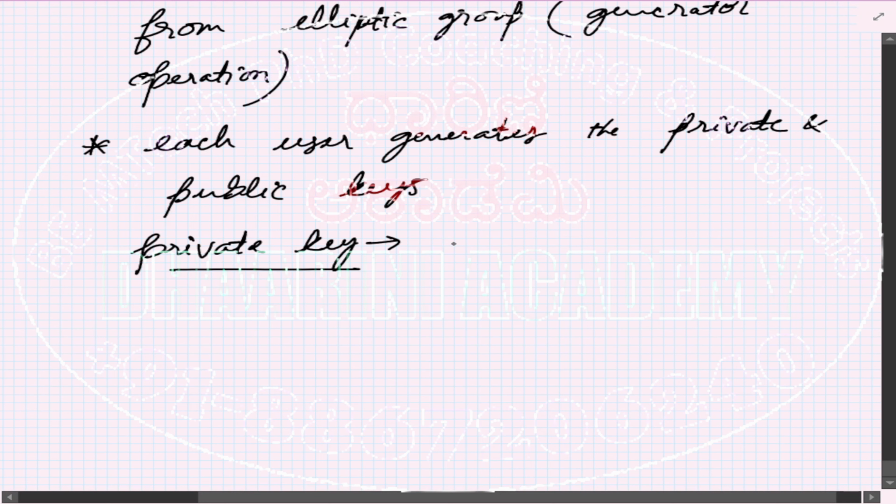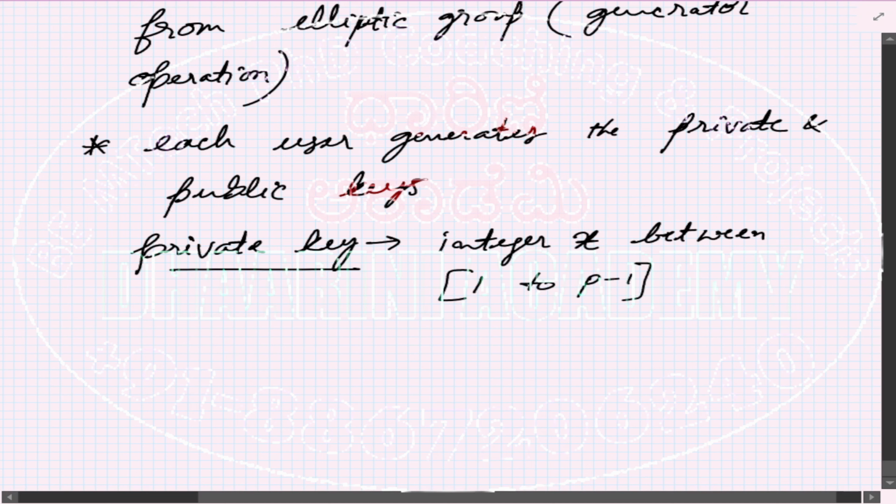So this is an integer, say x, which we are selecting in the range of the prime number you had selected earlier. Any number in that range works.